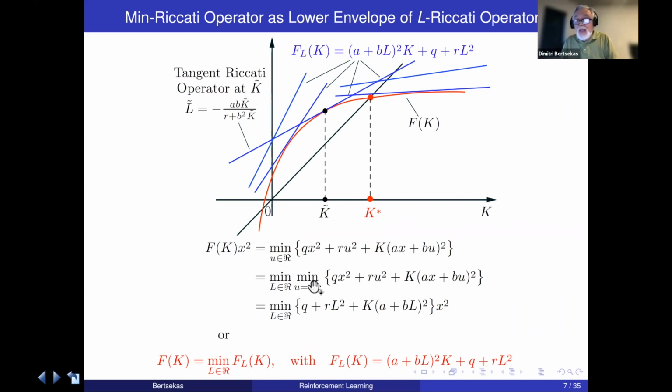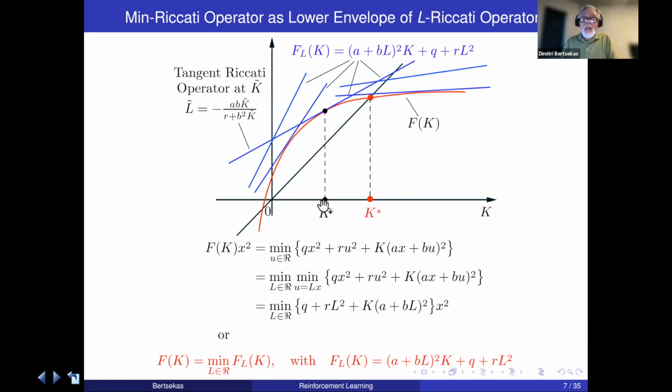First, minimize over linear policies, and then minimize over L. Now, if we minimize over u equals L times x, then through the standard calculation for Riccati equations, we get this thing here. I have reversed the order, and this is just the expression for the L Riccati equation. So the upshot is that f of k, the red curve, is equal to the minimum of these blue lines. That's what this says, with f of L sub k being this.